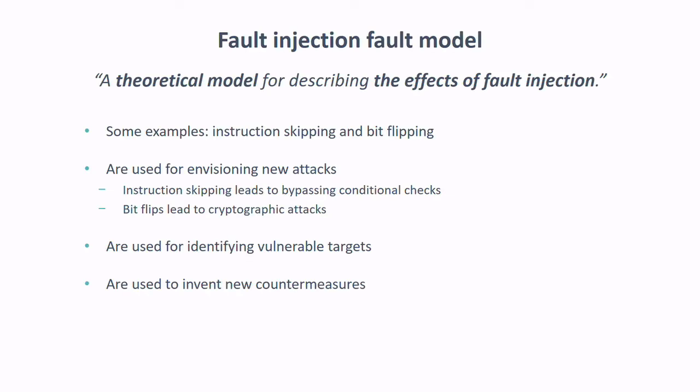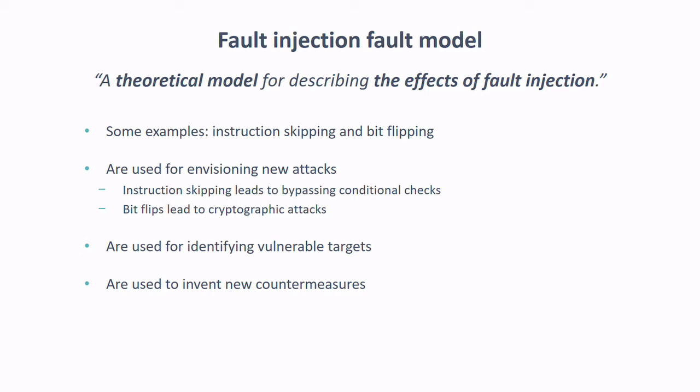But let's go one step back. Usually, you don't know what happens, so in order to research fault injection, you build a model. It's called the fault model. For example, we assume that this fault might allow you to skip an instruction, such as an if or a check, so you skip it, not executing it.